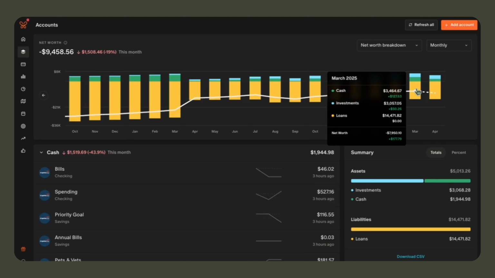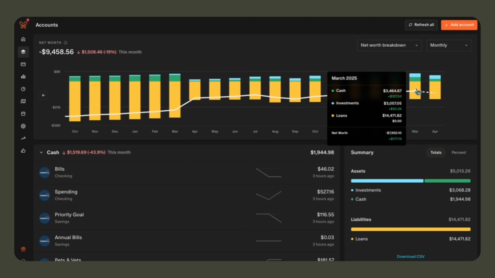And lastly, for my student loans, which is my only remaining debt now, I have the same number, $14,471.82, bringing my net worth to negative $7,950.10, which was an increase of $177.79 from the previous month in February.